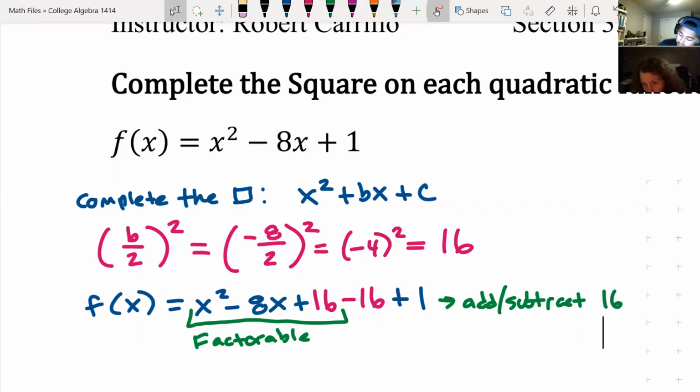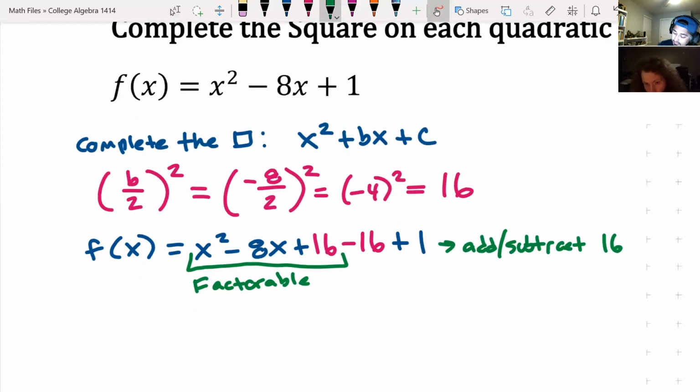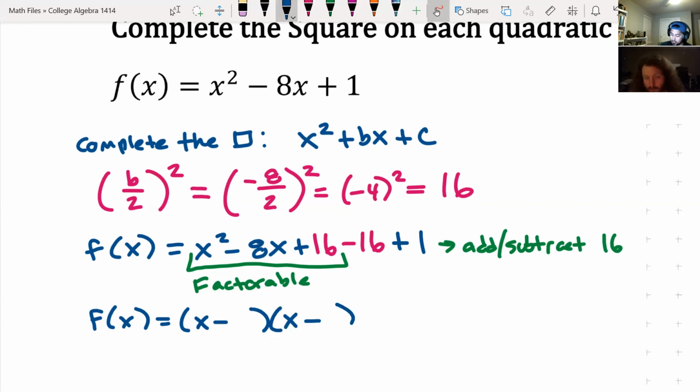Okay, so now we are going to factor x squared minus 8x plus 16. What does that factor to? X minus 4. Good.